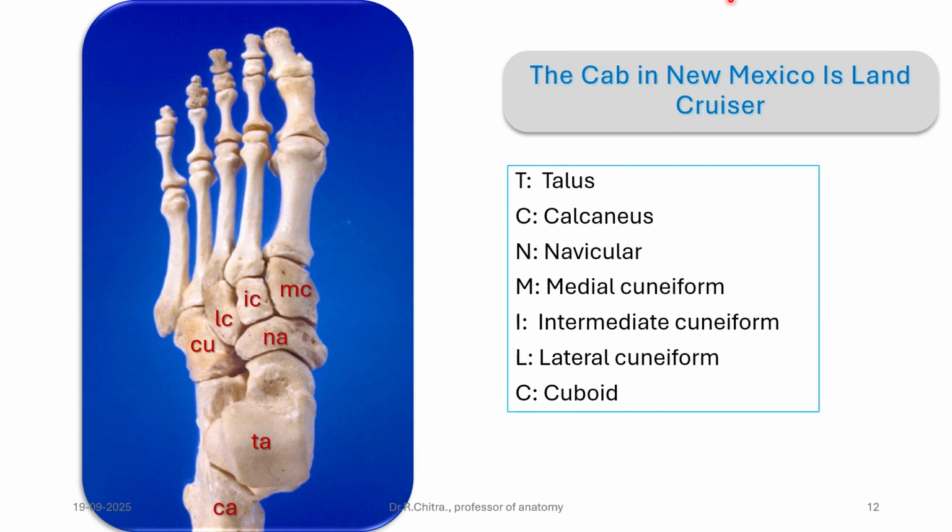We can remember these tarsal bones by the mnemonic: The cab in New Mexico is Land Cruiser. T for talus, cab for calcaneus, New for navicular, Mexico, medial cuneiform, is intermediate cuneiform, land is lateral cuneiform, cruiser is cuboid.